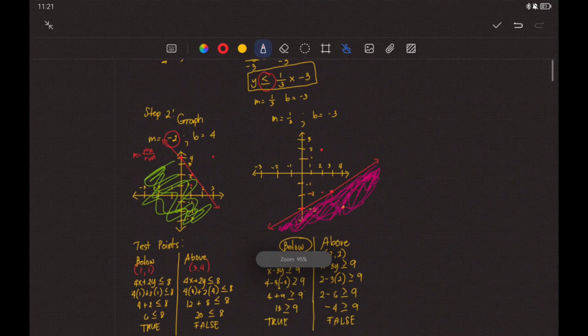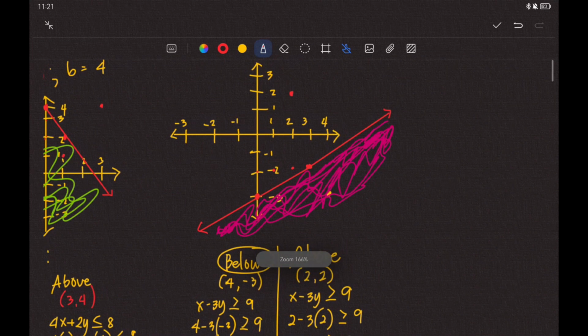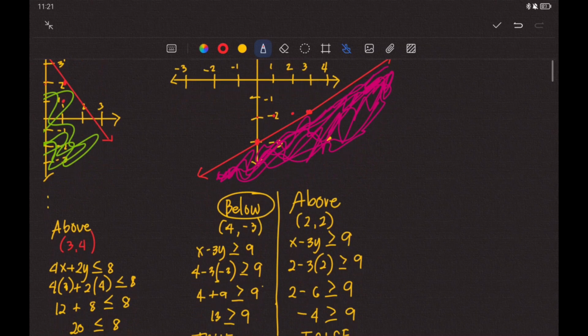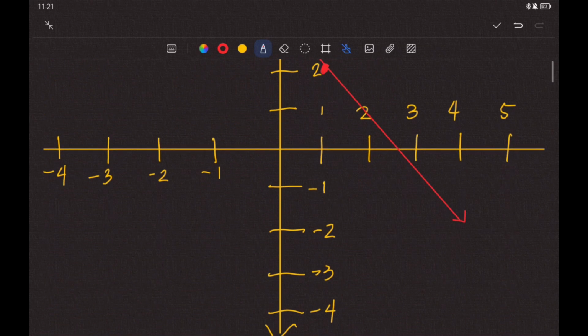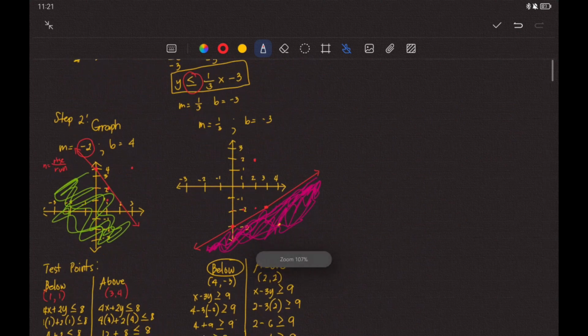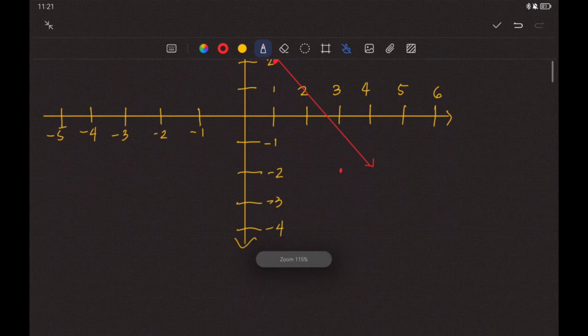For the second one, we have 3 and negative 2 here and negative 3. Let's extend this one. So this one also connect.